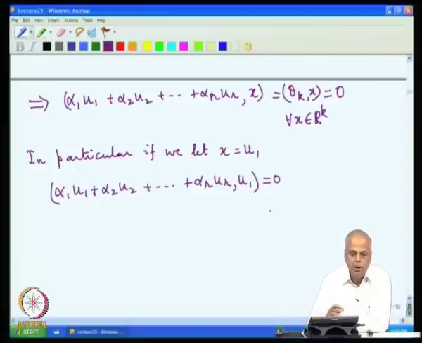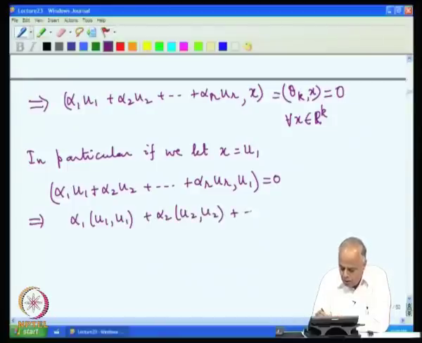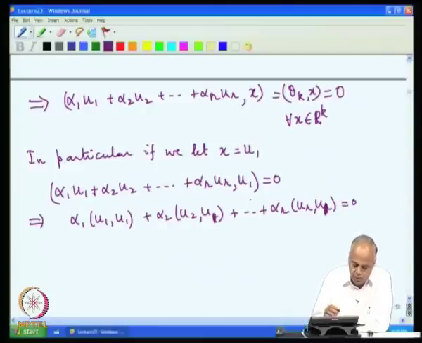Now, the inner product of a sum is the sum of the inner products, a property we have seen last time, and constants can be pulled out of the inner product. So, this implies alpha1 <u1, u1> + alpha2 <u2, u1> + ... + alpha r <ur, u1> = 0, because we are taking the inner product with u1.